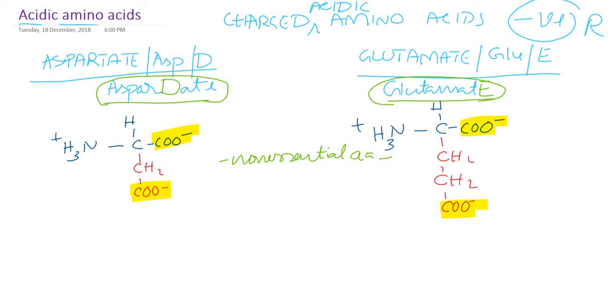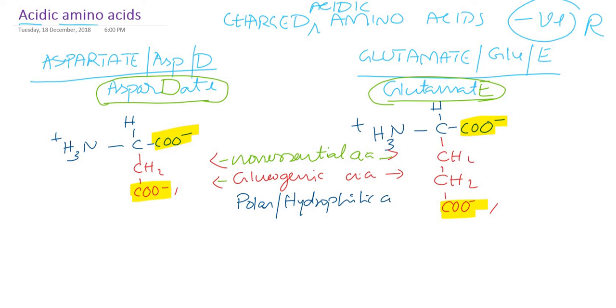Both amino acids, after their complete degradation, give glucose, so both are glucogenic amino acids, and they contain a charged group in the side chain. So both are polar or hydrophilic amino acids. Both are non-essential, glucogenic and hydrophilic or polar.